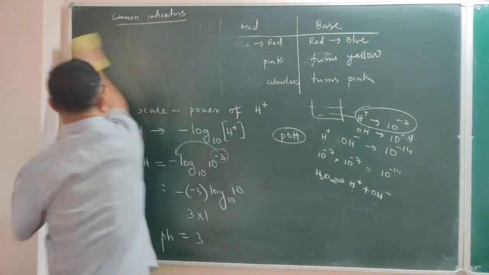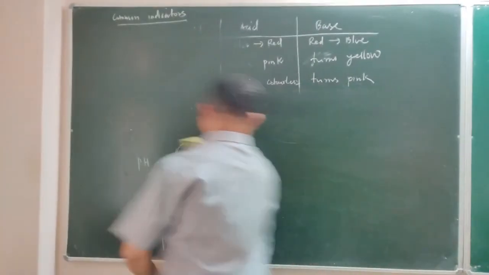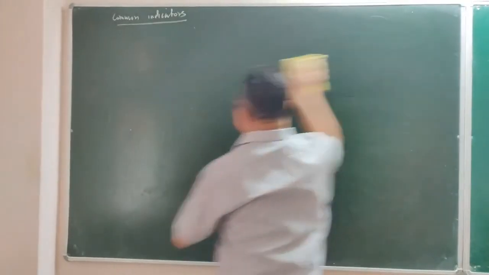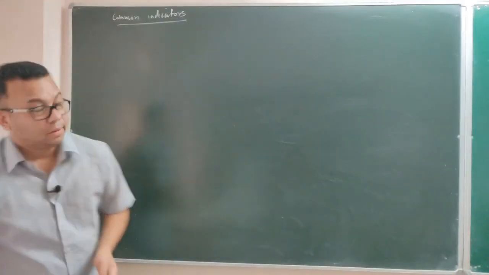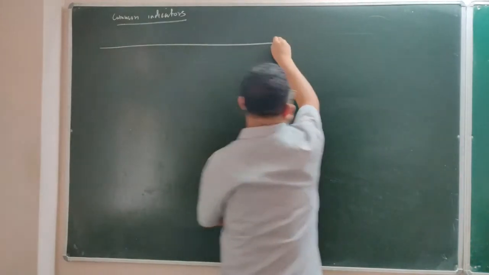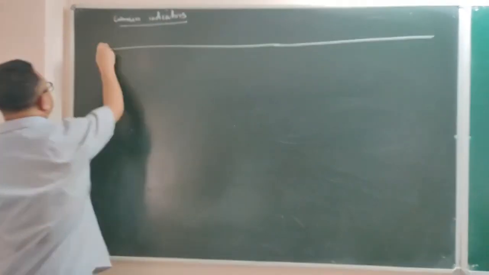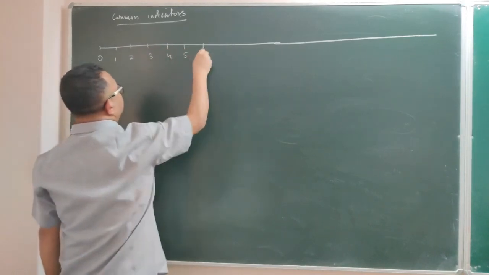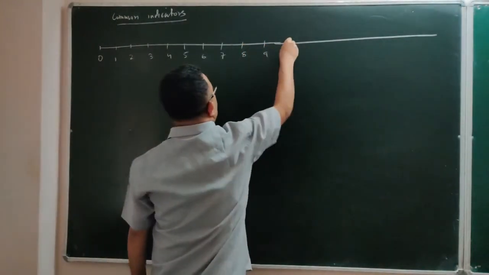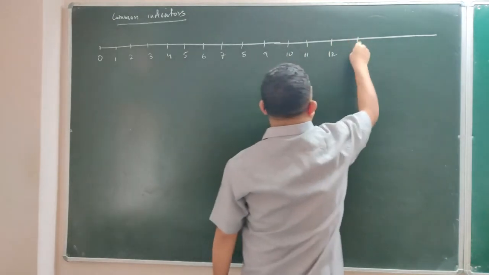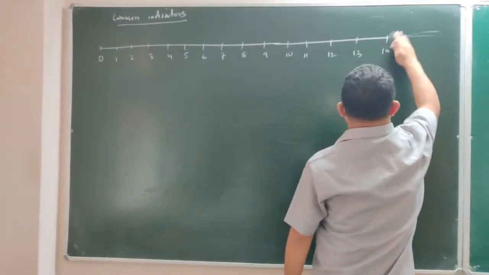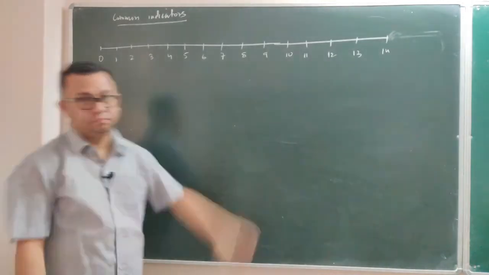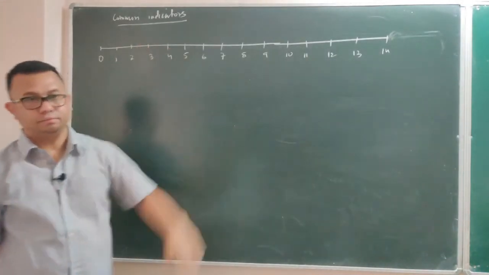Now I'll give you a small idea about what the pH scale is all about. Different acids and bases have different pH ranging from 0 to 14.